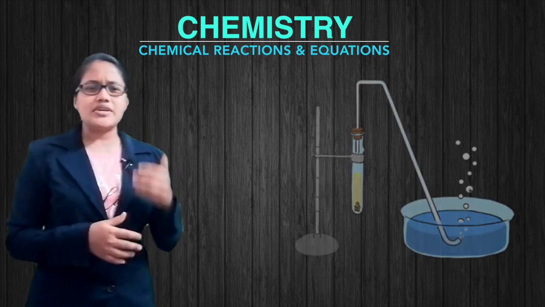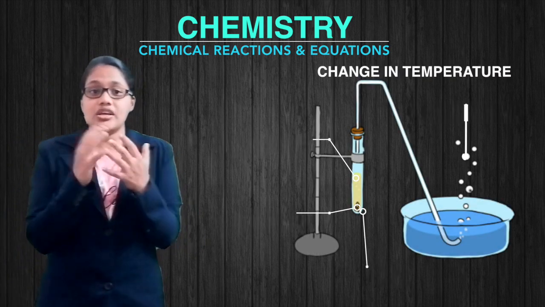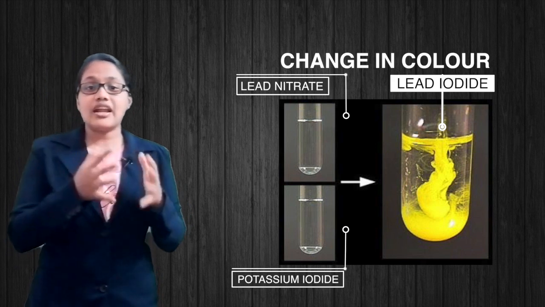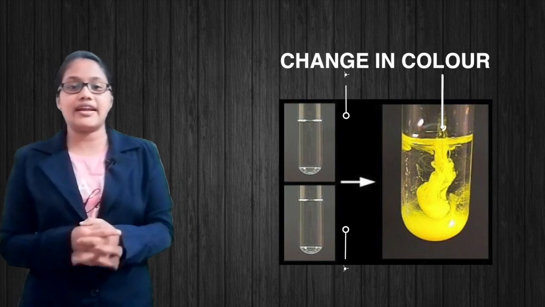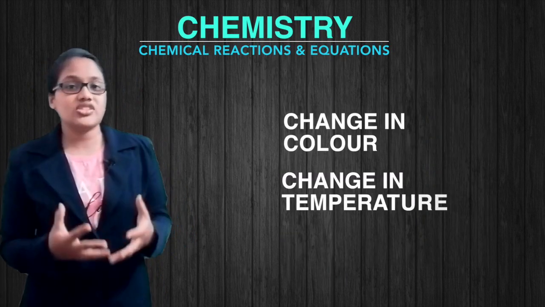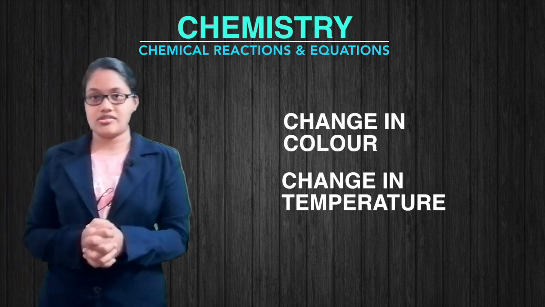In the reaction between zinc granules and dilute sulfuric acid, temperature increased. And in the reaction between potassium iodide and lead nitrate, the colorless solution changed into yellow colored lead iodide precipitate.